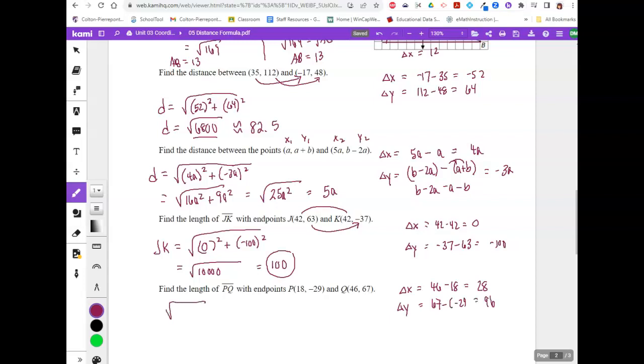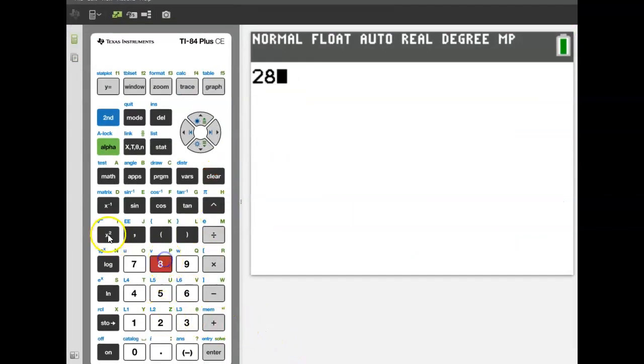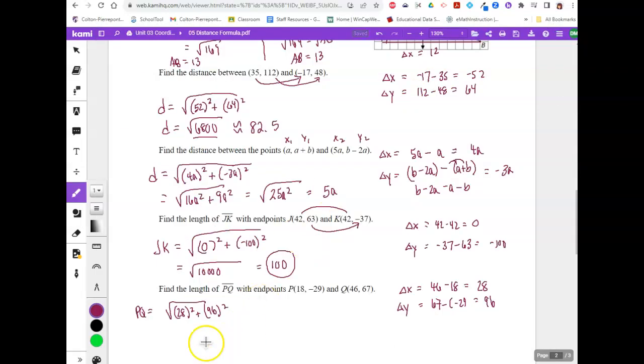So to figure out PQ, it will be 28 squared plus 96 squared. If I go to my calculator, 28 squared plus 96 squared is 10,000 again. So this is the square root of 10,000, which means PQ is going to equal 100.